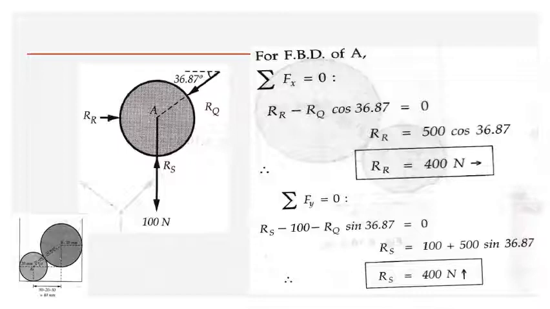And again the vertical component of RQ is also downward, hence minus RQ sine 36.87. Summation of those is equal to 0. So the only unknown is RS. Find out RS, and that also you get as 400 Newton.